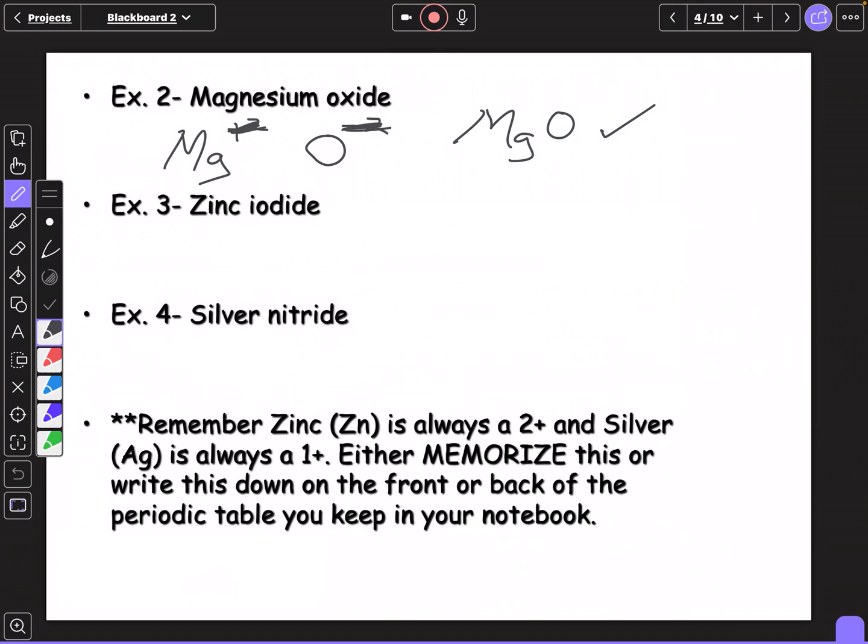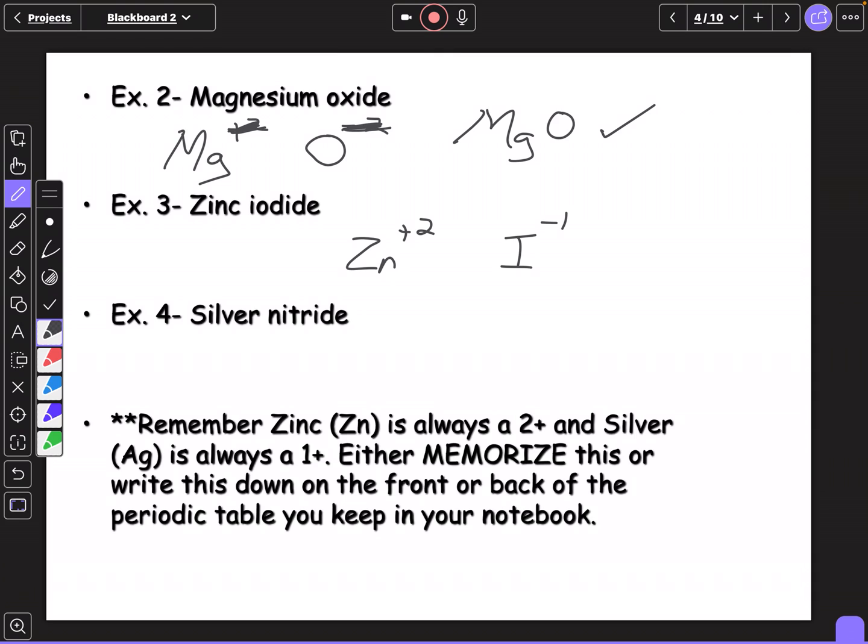So if I'm given zinc iodide, and I look up Zn, I can't go by the group number, I have to memorize it or write it down. Say +2. Iodine is in group 7A or 17. It's got a -1.